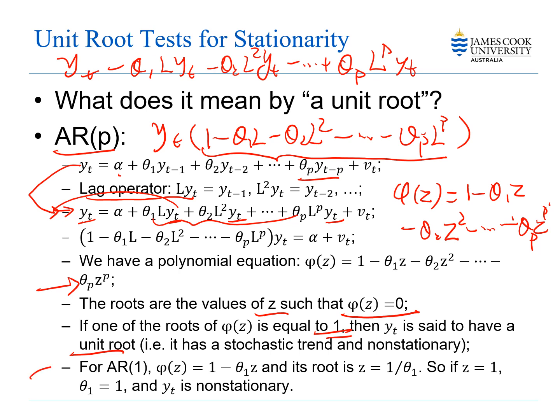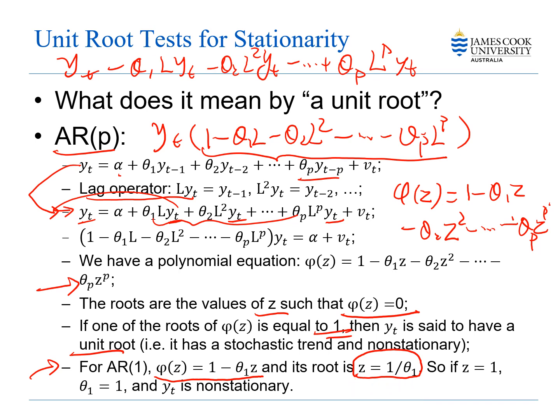So back to the AR(1) process. Now this polynomial is just order 1, the highest power p is equal to 1. So the root of it is easy for us to find because it's a linear function. 1 minus theta_1 j is equal to 0. That implies that j is equal to 1 over theta_1.